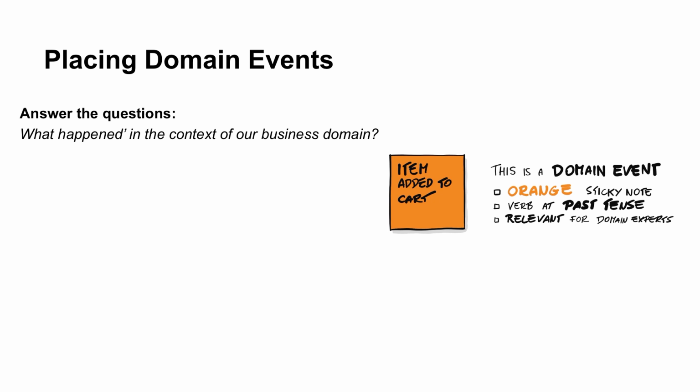It's very important to keep the consistency in color coding. And then you always write it as a verb in past tense. This is also important because it makes the whole exercise a lot easier. If you're writing something in the present tense or as a question, you will always have a multitude of different alternatives.